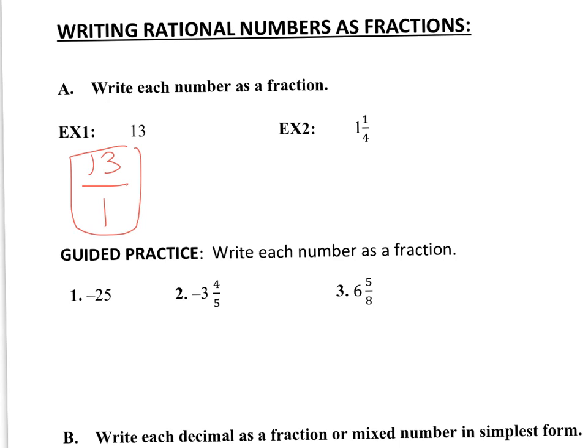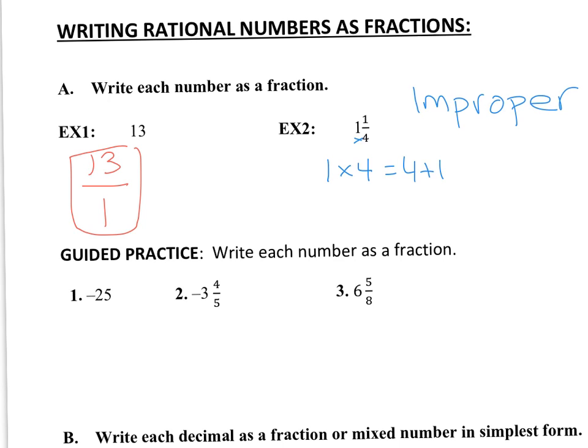For example number 2, we have 1 and 1/4. This is a mixed number, so we are going to convert it to an improper fraction. And the way we do that is by multiplying our whole number times the denominator. So 1 times 4, and you end up with 4, and then you add it to the numerator.